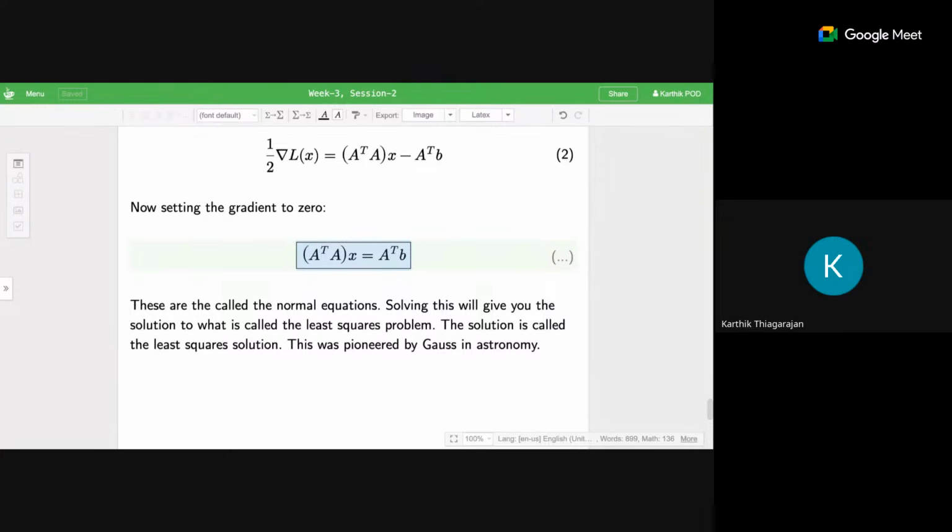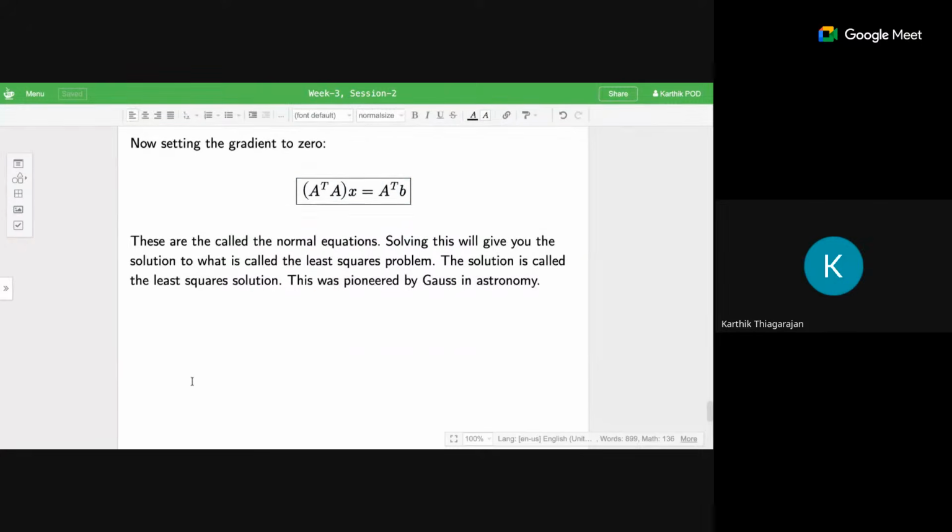So far, is it clear what has happened, the sequence of steps we have followed? Yes, sir. Okay, so there are some points which I'm going to state without proof. The first is, note that this is also a system of linear equations.